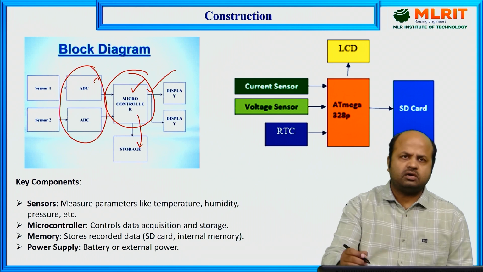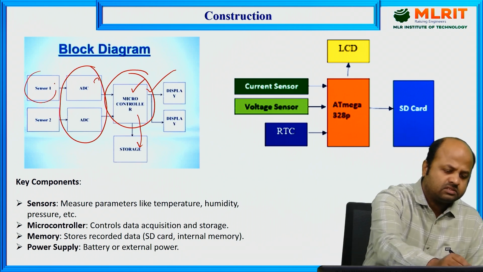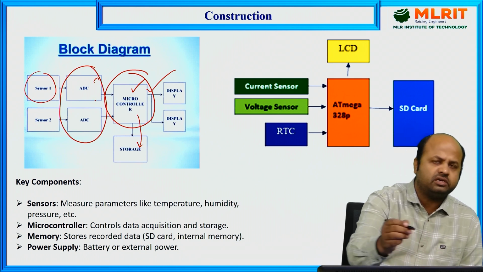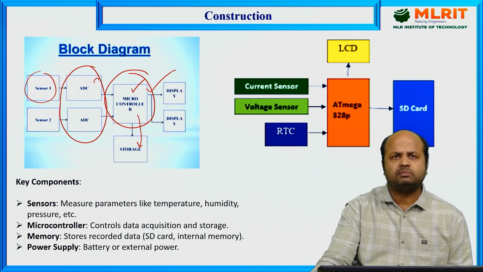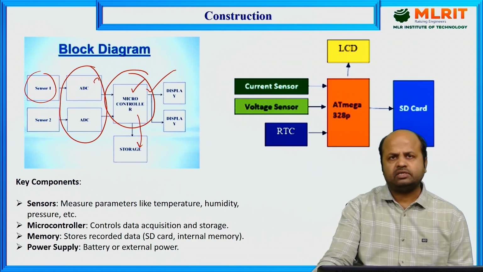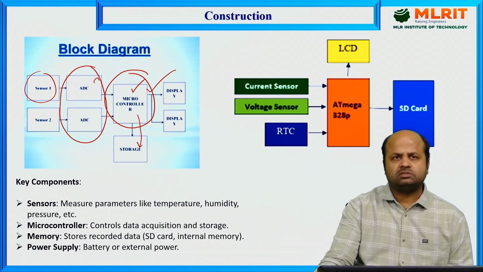A data logger consists of sensors connected to ADC, ADC connected to microcontroller, and from the microcontroller we can connect various types of display and storage devices. What are the key components?